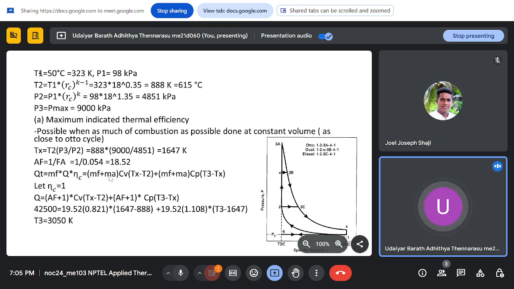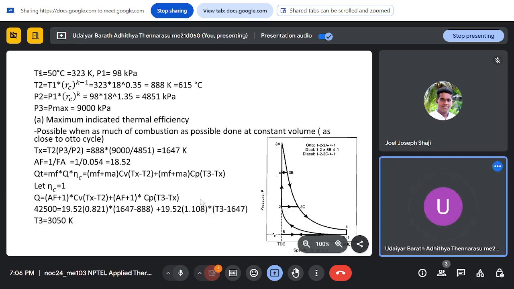So mass of fuel plus mass of air into Cv (Tx minus T2) plus mass of fuel plus mass of air into Cp (T3b minus Tx). So combustion efficiency is 1. So when you divide it by mass of fuel, this becomes calorific value equals (AF plus 1) into Cv into (Tx minus T2) plus (air fuel ratio plus 1) into Cp (T3 minus Tx).